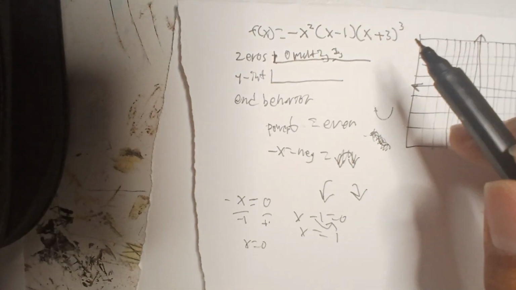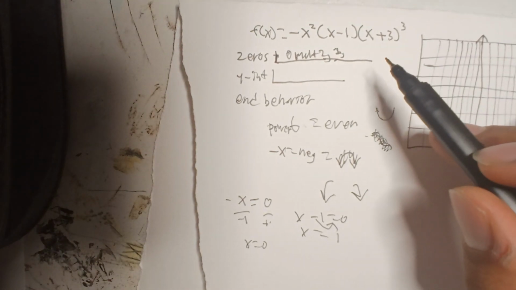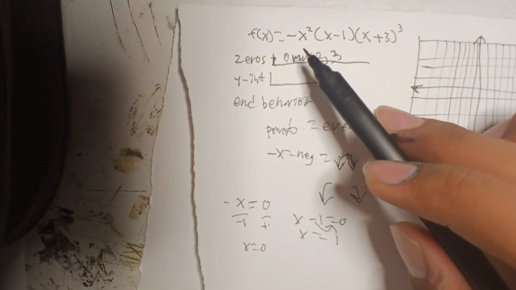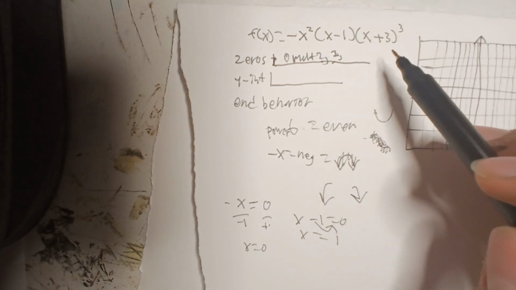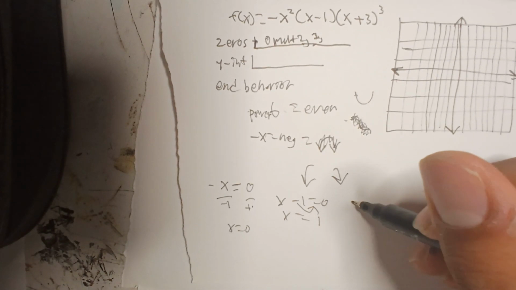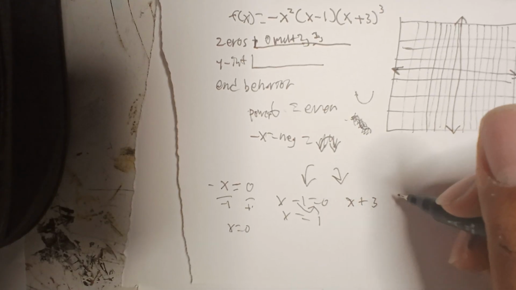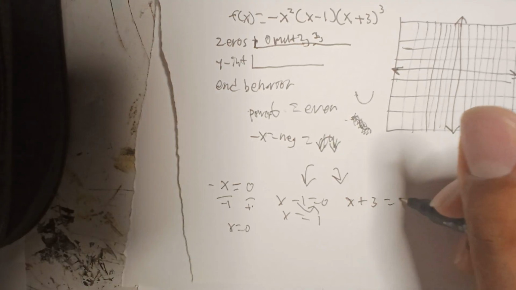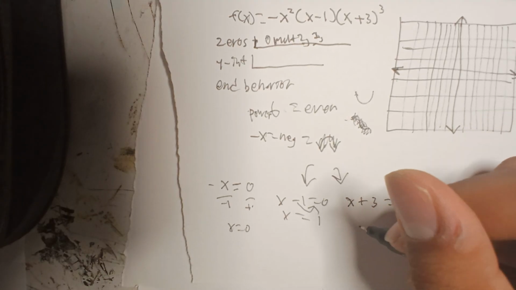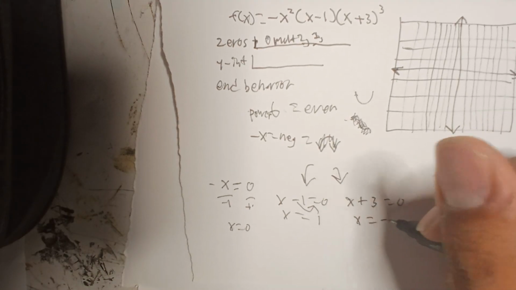All right. Then we're going to move on to this one, which is similar to this one, but there's a number now. So x plus 3 equals 0, and x equals -3.